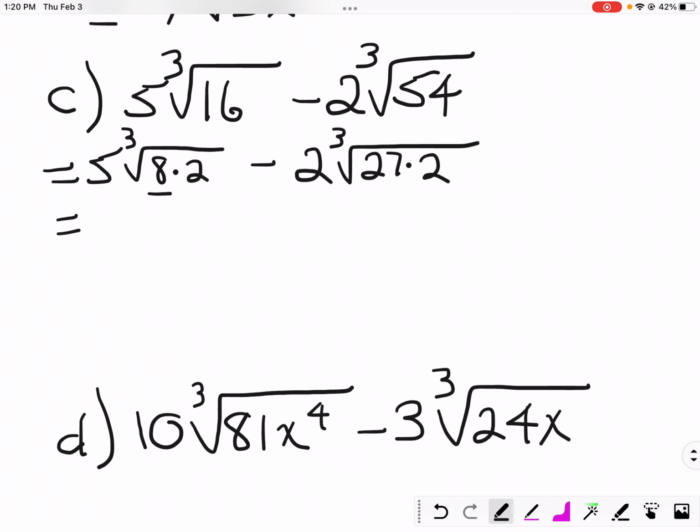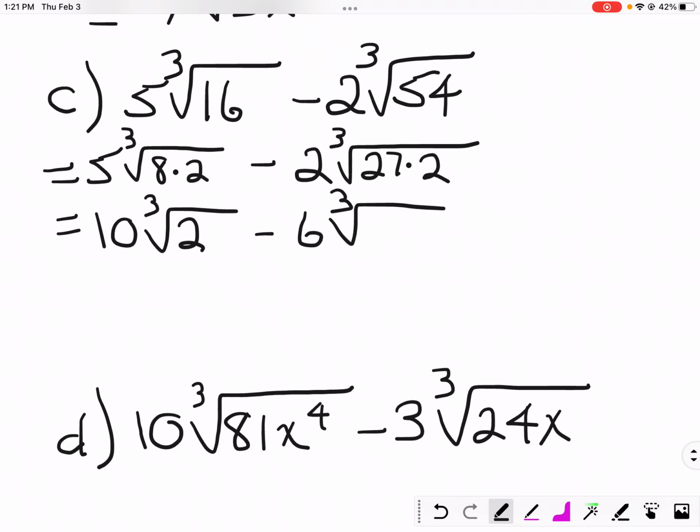This 8 that's inside will become a 2 outside, making this 10 cube root of 2. This 27 inside becomes a 3 outside, making it 6 cube root of 2.